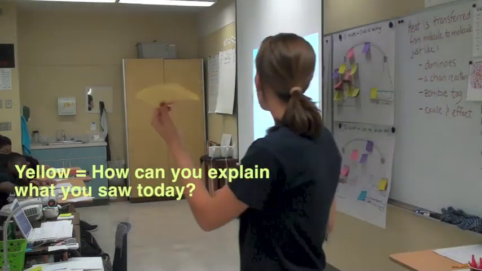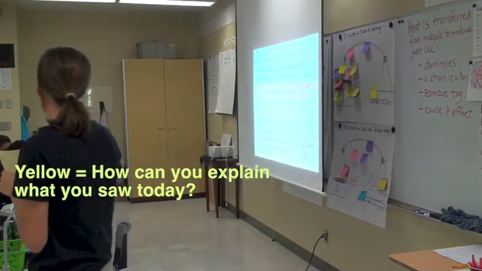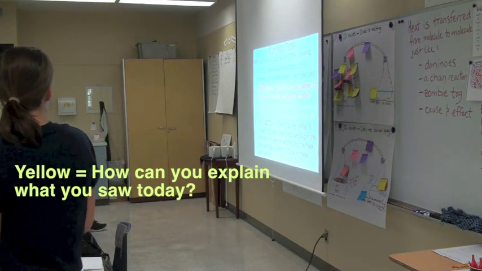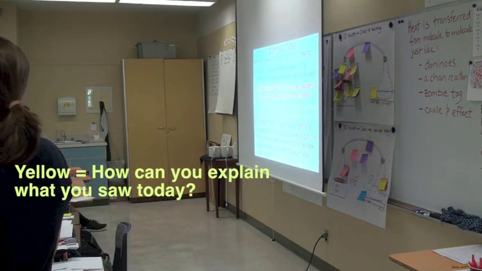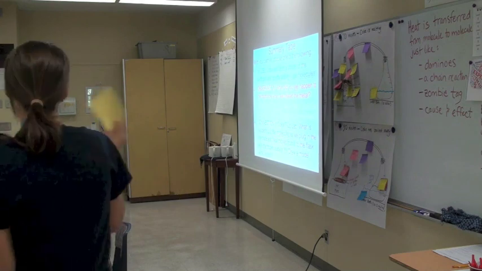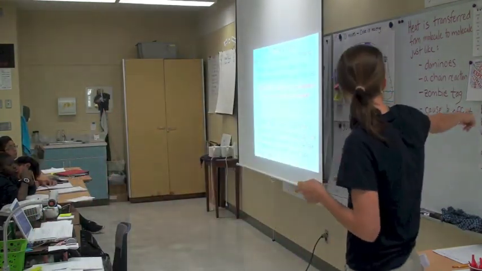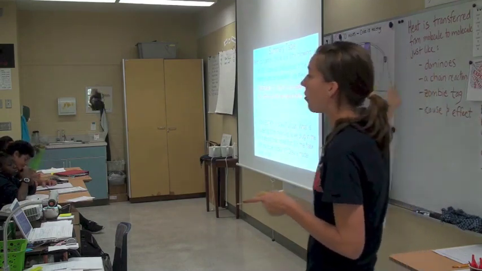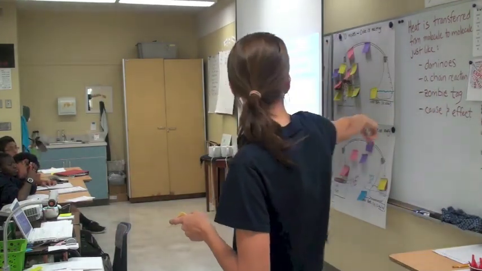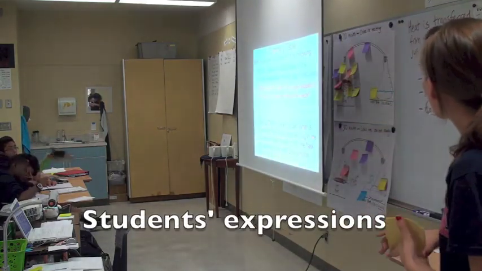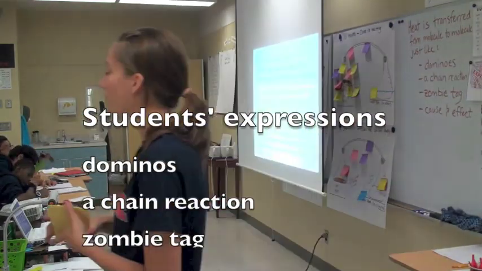If you choose yellow, now you're explaining, okay? So you're explaining why the toothpick closest to the candle fell first. You have to use the word molecules in this answer, and this ongoing list of words that all my classes have been making, okay? Heat is transferred just like dominoes. We've got 5th period saying it's like zombie tag.